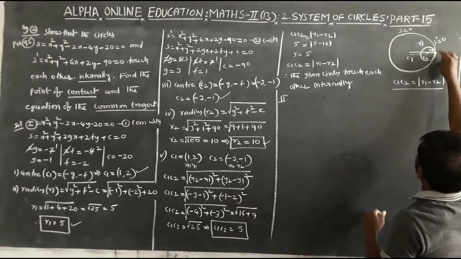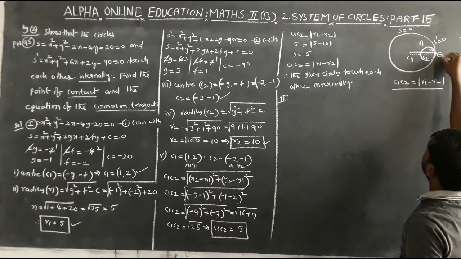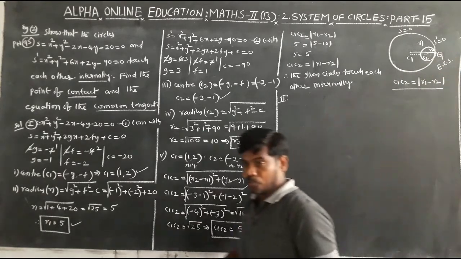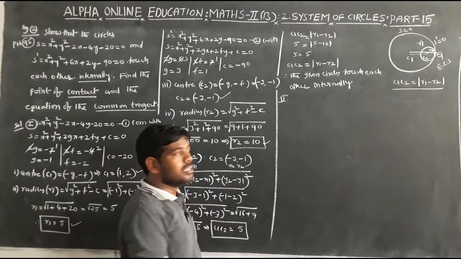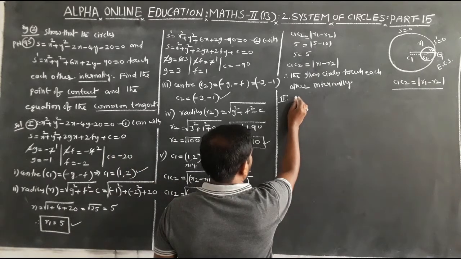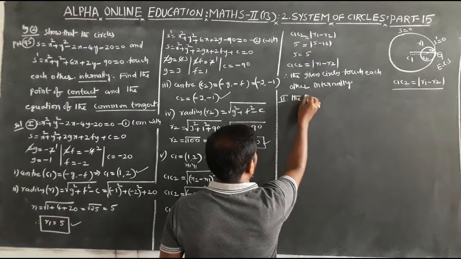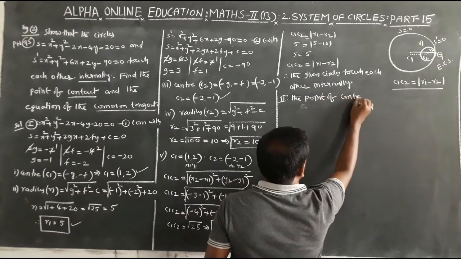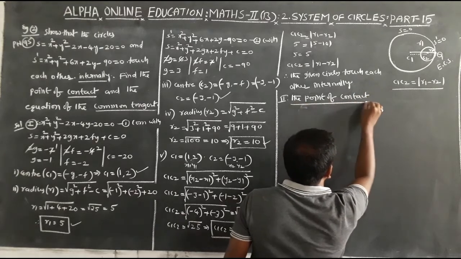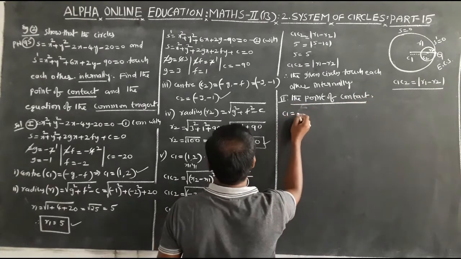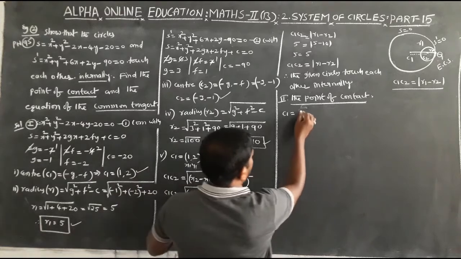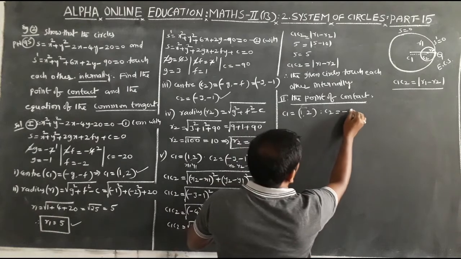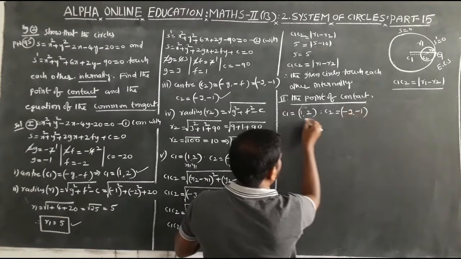If the two circles touch each other internally, the point of contact is the external center of similitude. Here C1 is equal to (1, 2), C2 is equal to (minus 3, minus 1).